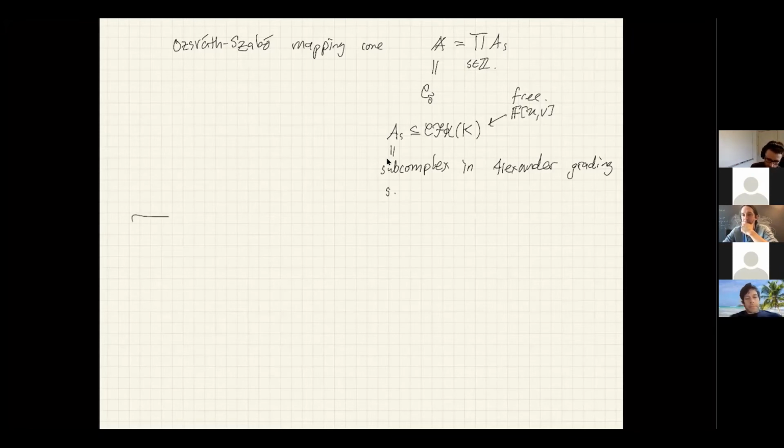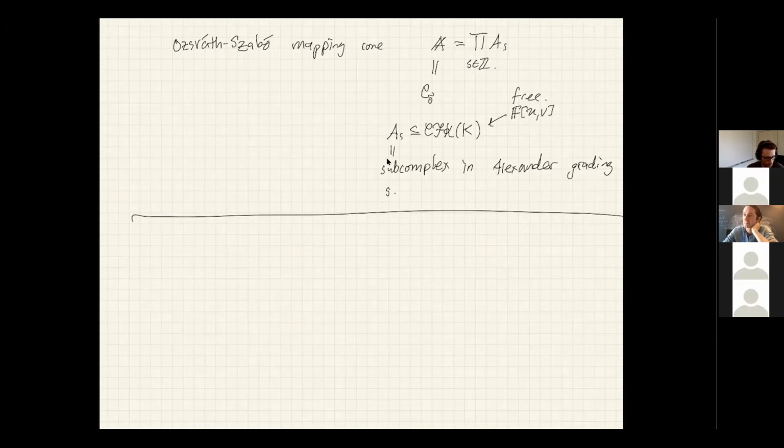And so the strategy, I guess, the goal is just to compute. Okay, so what would a strategy be? Let's see, what do I want to say?